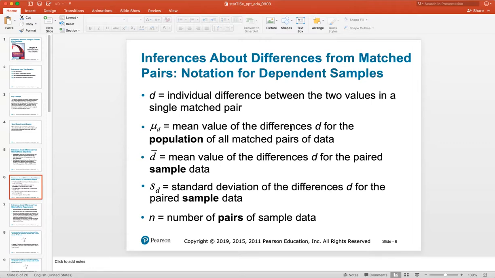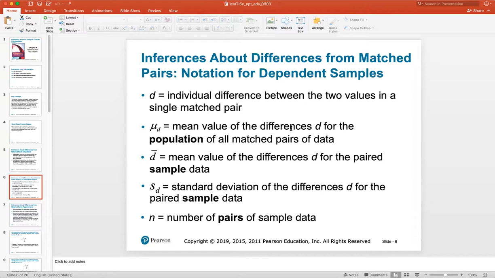And then we're going to get one single sample data set. That sample data set consists of the individual differences between the two values from the matched pairs.